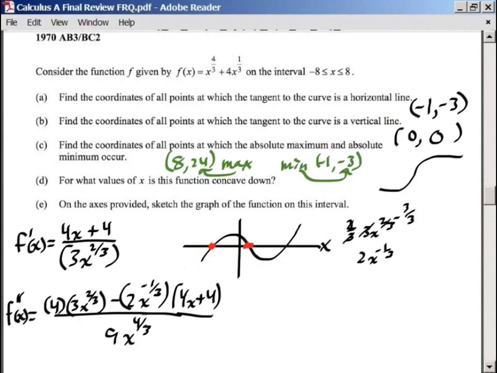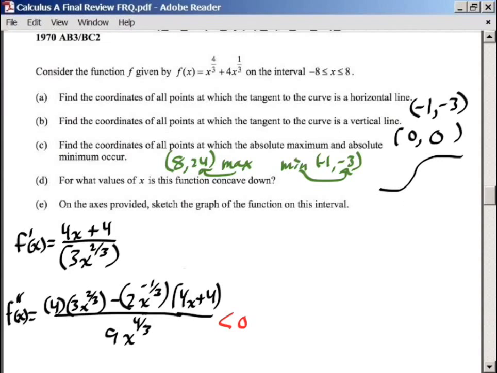All right, so this is what it looks like. So we want to know where this is less than 0. So what we're really going to do is set it equal to 0 so we can find those x-intercepts. If we set this equal to 0, we really only care about the numerator, because I can multiply both sides by 9x to the 4 over 3.